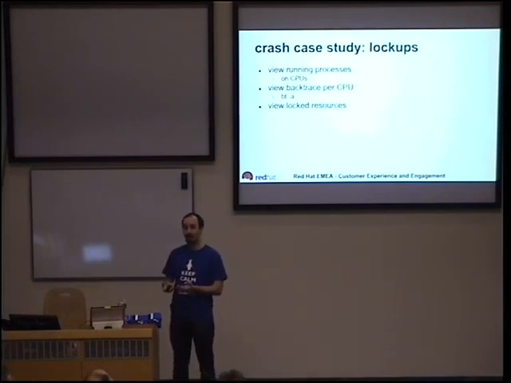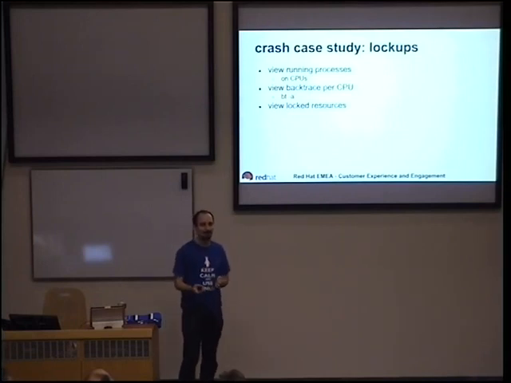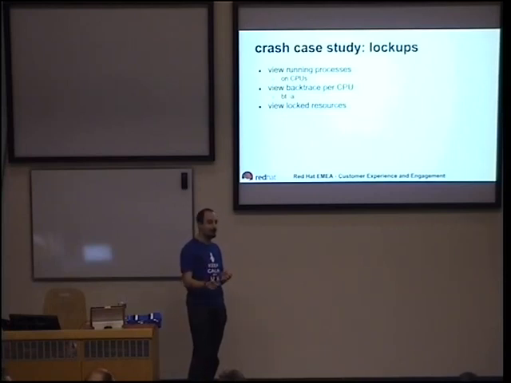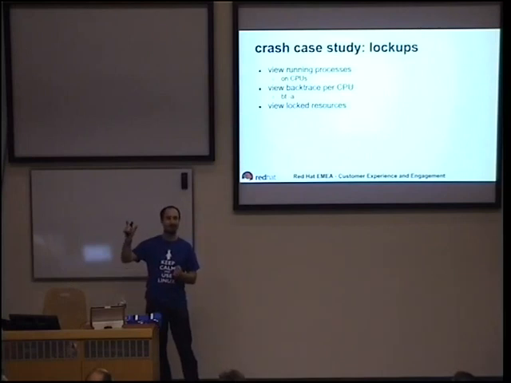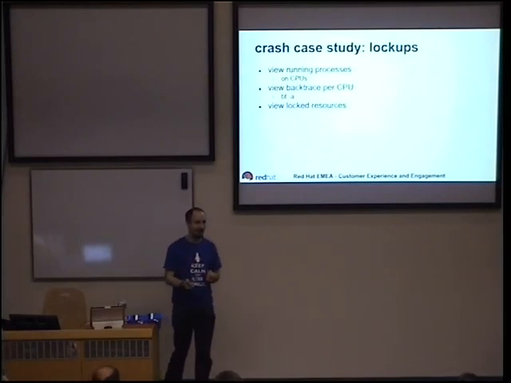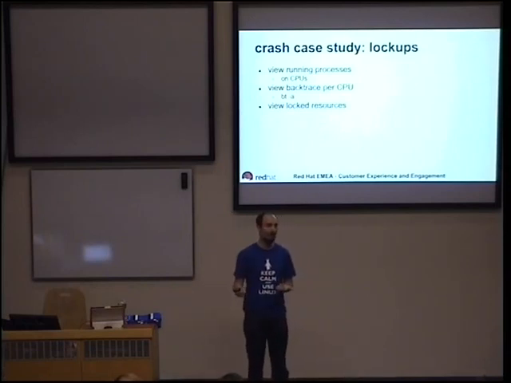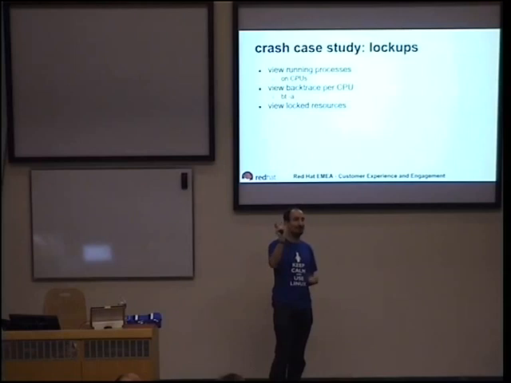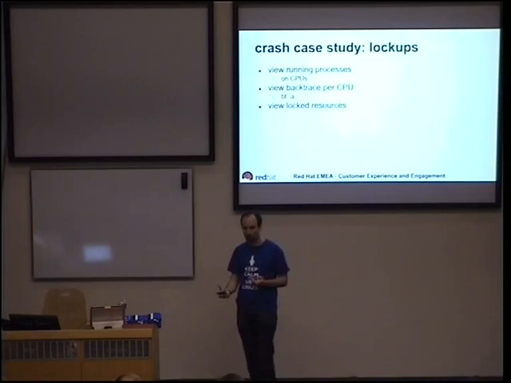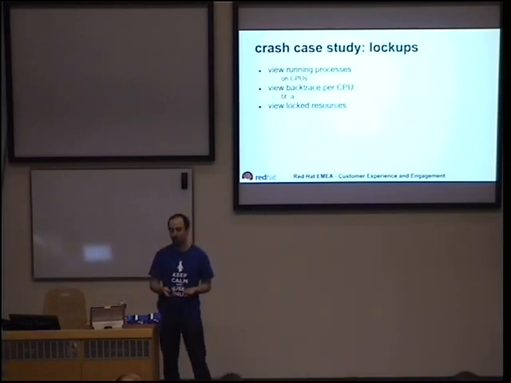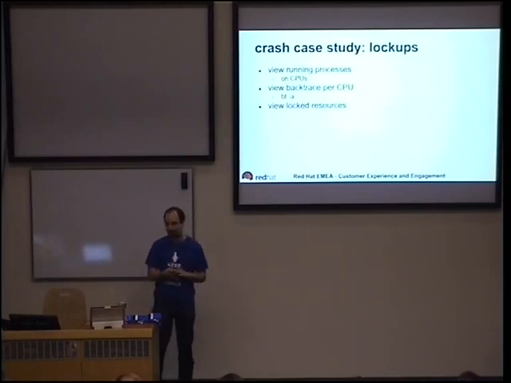For example, in a vmcore you can run a bt, a backtrace of all the processes on those CPUs, to see what processes were running on the CPU and on what kernel function they were stuck. If, for example, all the CPUs are stuck on a spin lock, you would be able to see what was that spin lock which was keeping all of the CPUs occupied. So you would be able to determine what was the common resource that caused the lockup.